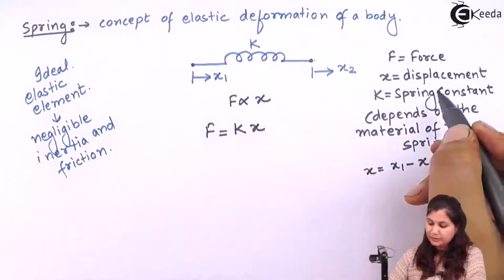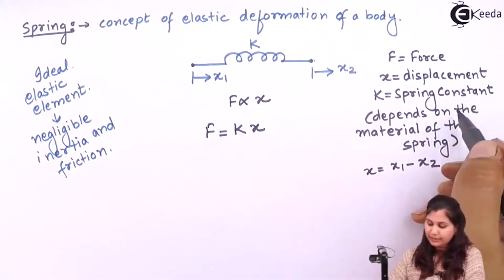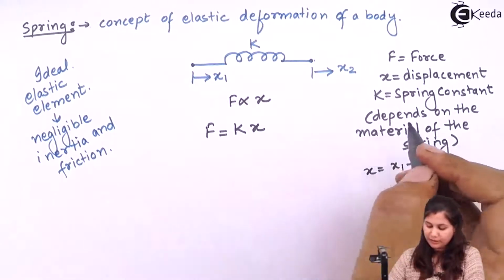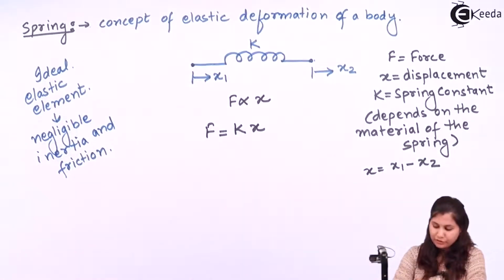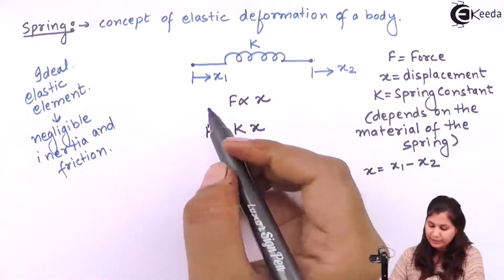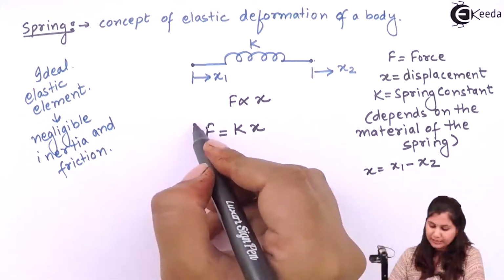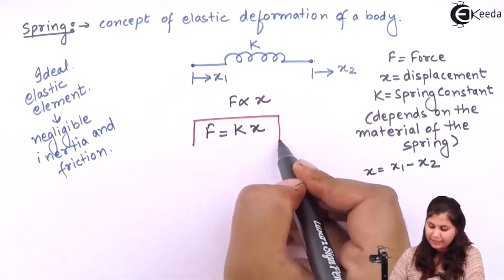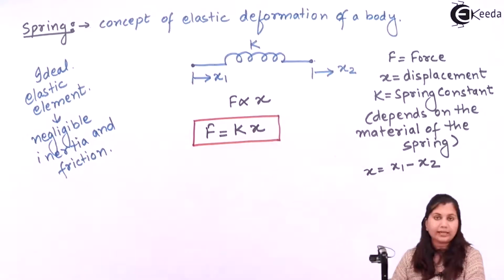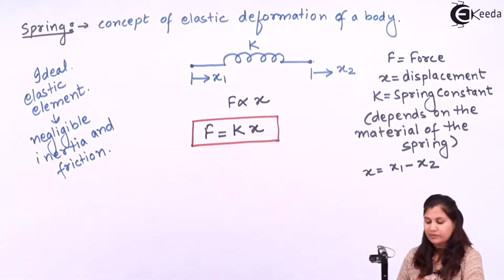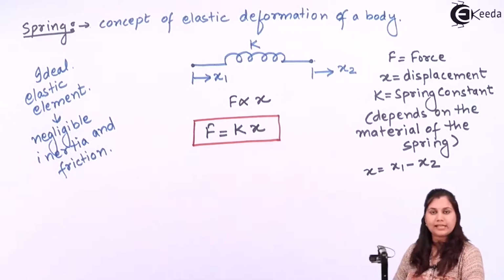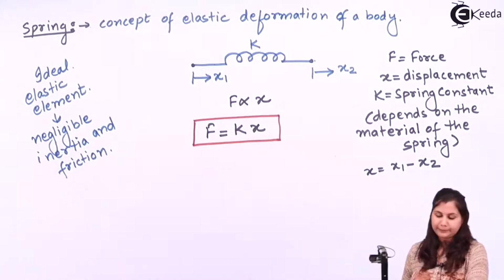This k is the spring constant and it depends upon the material of the spring. So the relationship for the spring between the force and the displacement is given by F equals Kx. In this way we can mathematically represent a spring element.